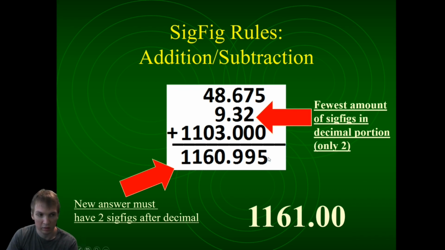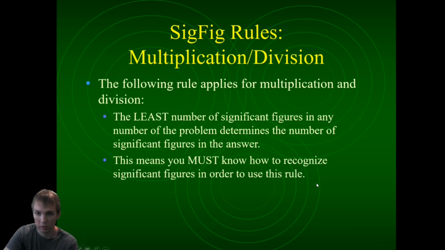So we were getting rid of this 5 for sure, but that means we have to round this 9 up, which turned that into a 10. So we leave the 0 and carry over the 1, and that changed this 9 into a 10. Leave the 0 and carry over the 1, and now we're left with 1161.00, making sure that our answer has 2 sig figs in the decimal portion because this number had 2 sig figs in the decimal portion. Okay?